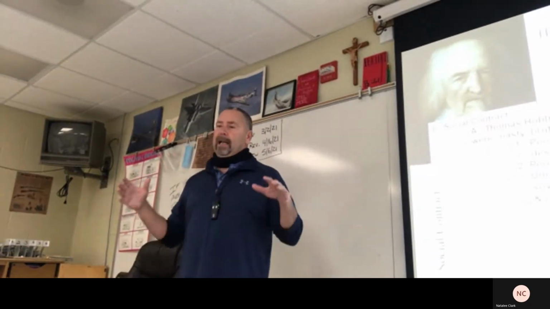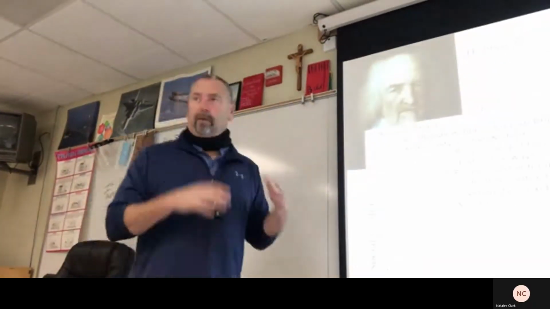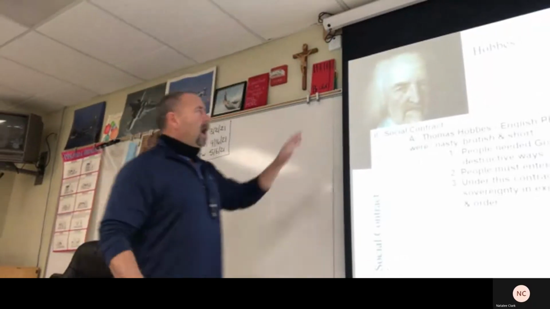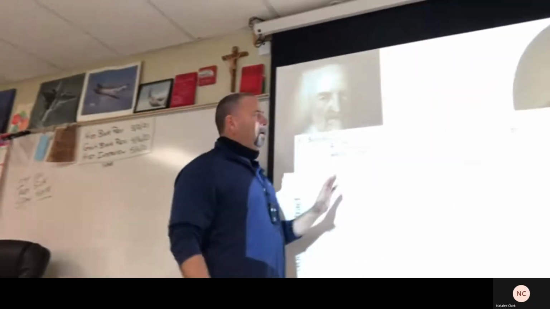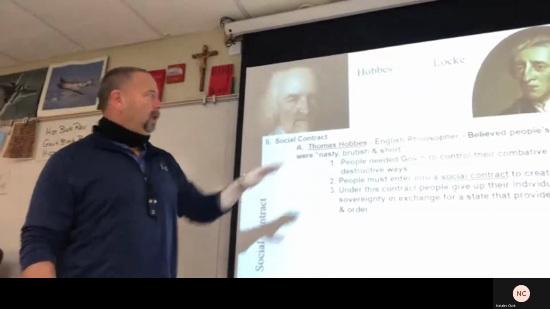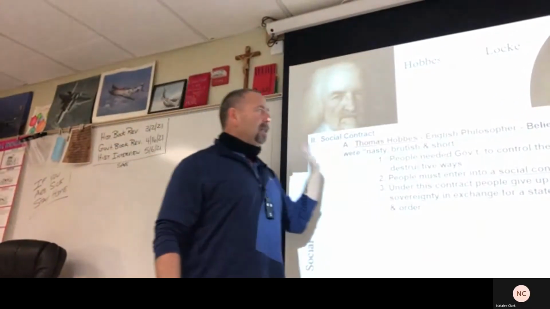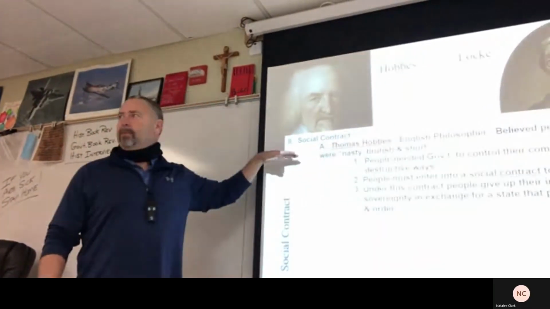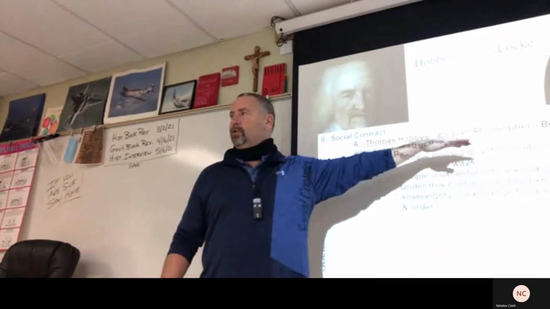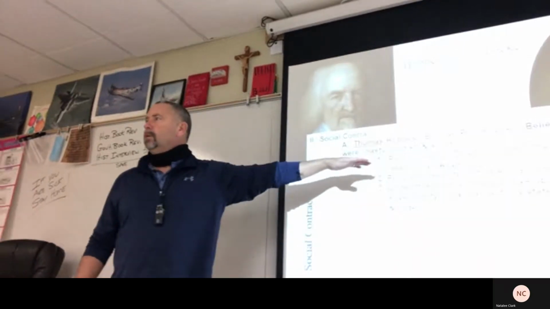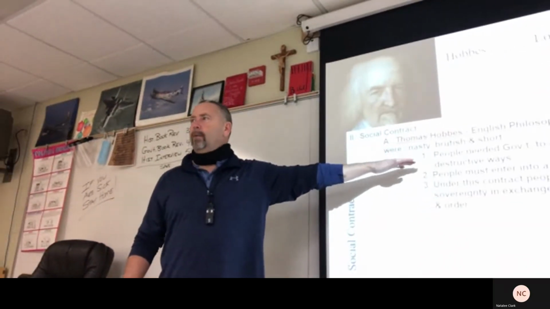And that agreement amongst men to form a new government is a different idea. Now Hobbes over here, these men are both English, believed that left in a state of nature, people's lives would be nasty, brutish, and short if there was no law. You know what I mean? If there was no government.